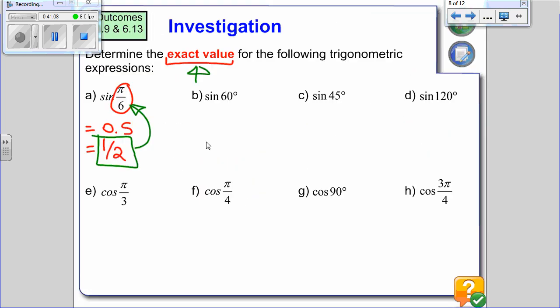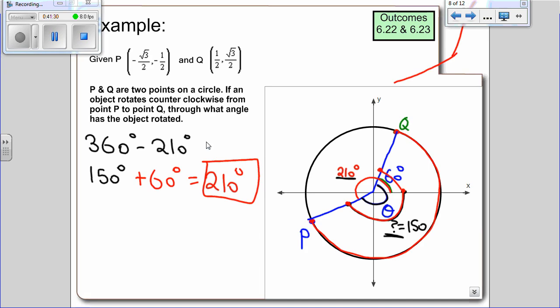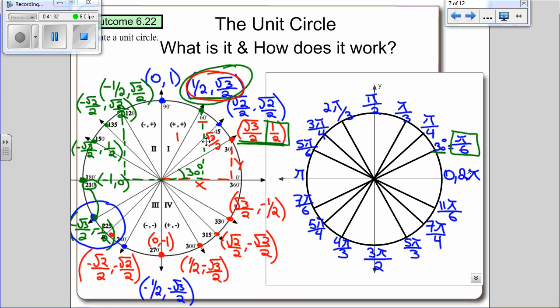So this next one, sine of 45, without calculating it, I know it's root 2 over 2. The reason I know is I look back at my unit circle, I look for the 45 degrees, which is right here, and I know it's just my y value for doing sine. My last one, sine of 120, I want you to try on your own.